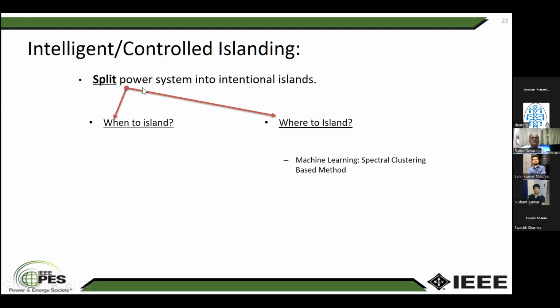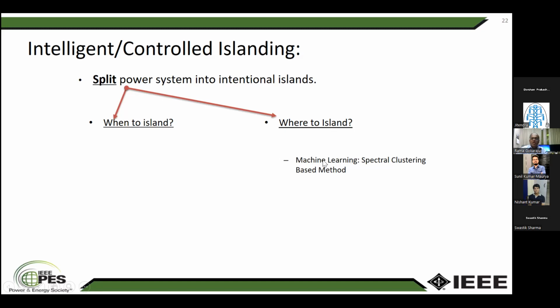So here the power system is split into intentional islands, and there are two parts to it. When to island, when do we start islanding, and where to island. That is, in what portions of the network we want to do the out-of-step tripping. And there would be some portions of the system where we don't want to do the tripping.